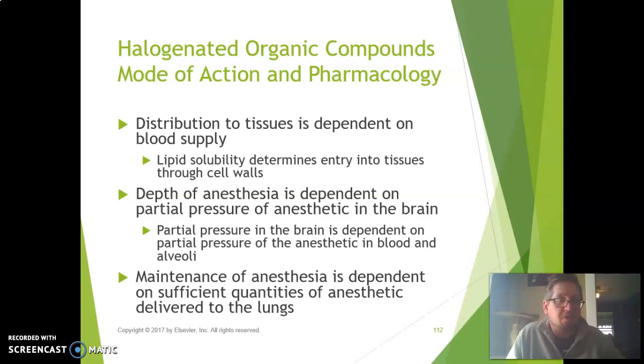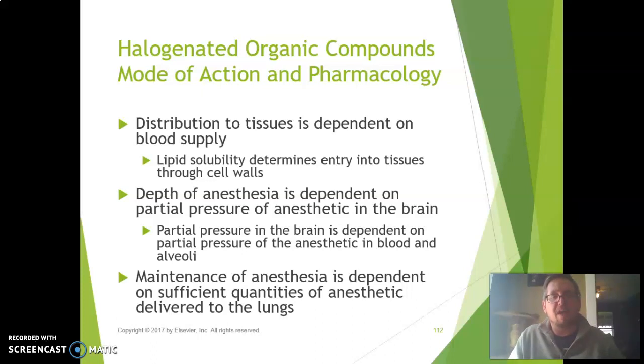So lipid solubility has a role to play as to how this drug is going to reach through the cell walls. The depth of anesthesia is dependent on partial pressure of the anesthetic in the brain. So how it reaches the brain is based on partial pressure. I'm not going to get into partial pressure either. It is really complex, and you guys don't need to worry about it for this part.